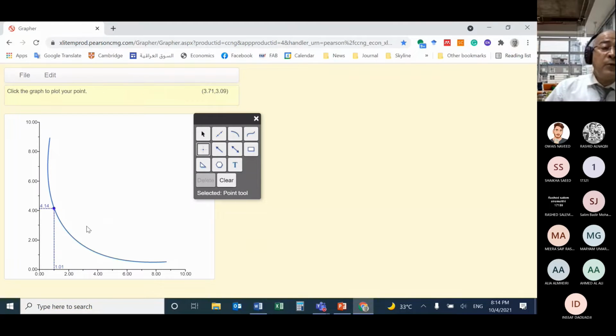Let me take 2 prices. If I draw a perfect curve which goes closer to both axes, the percentage change in the price equals the percentage change in quantity. 10 divided by 10 equals 1.